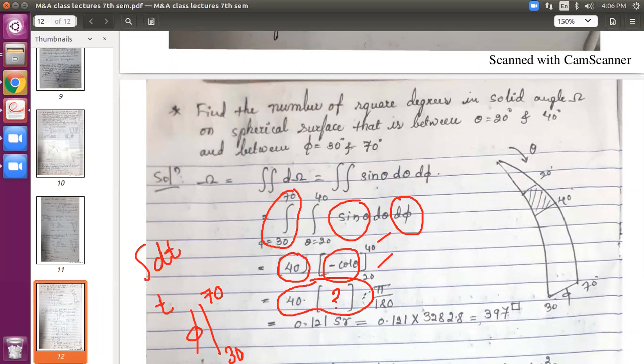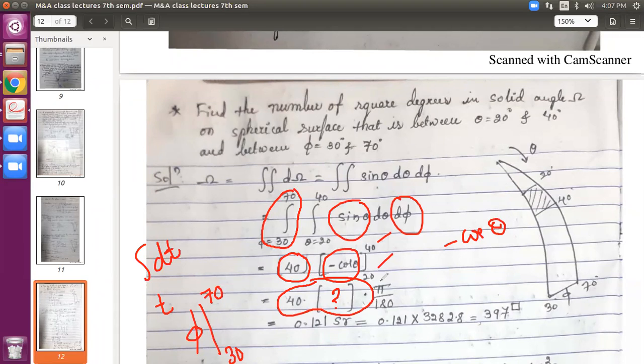Minus 1.7. Not minus, you will get plus. There is minus cos theta, ma'am. In the formula, it is minus. You tell me whether it is minus or plus. I don't remember. I'm bad at trigonometry compared to you all, because you people are still studying. You tell me, what is the integration of sine theta?